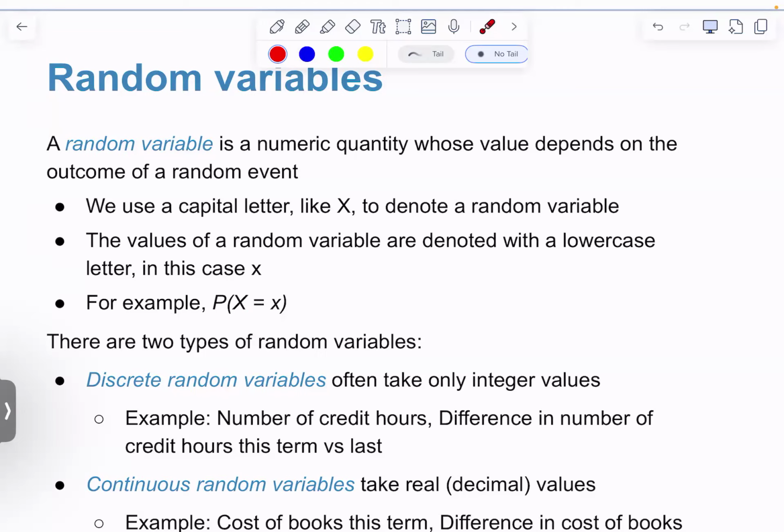And so now we're going to be able to adjust those probabilities so they're not necessarily evenly distributed anymore. And so that's the benefit of establishing random variables.